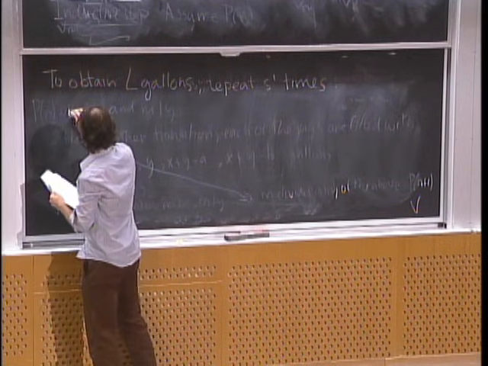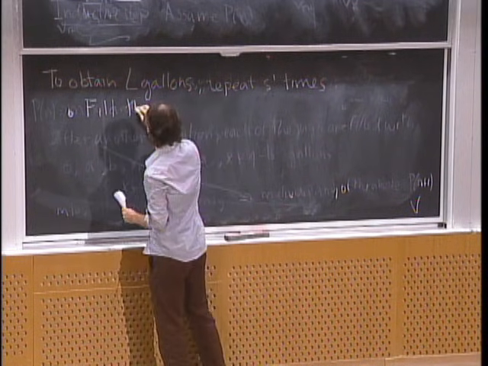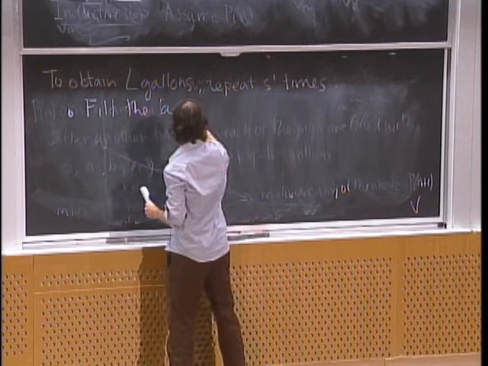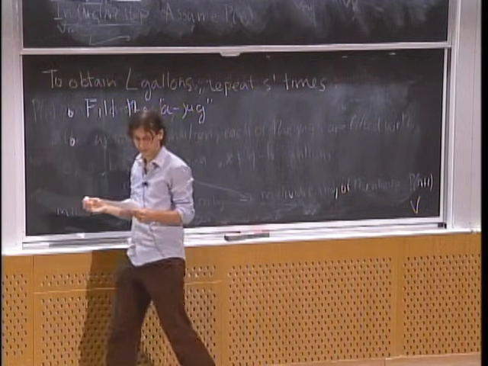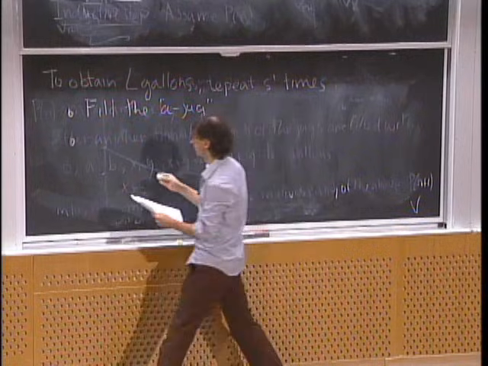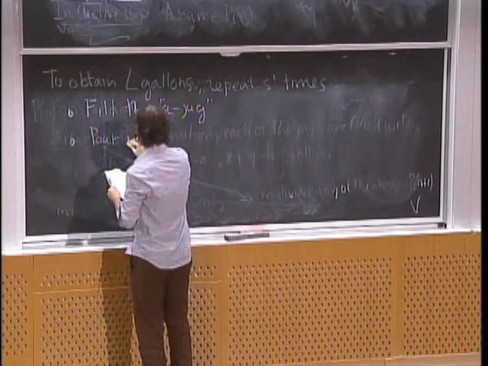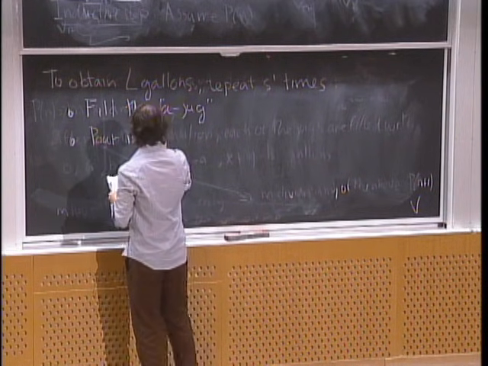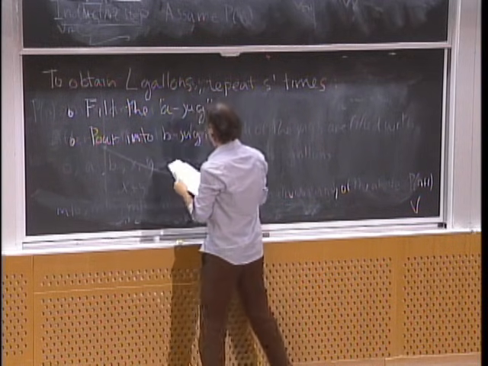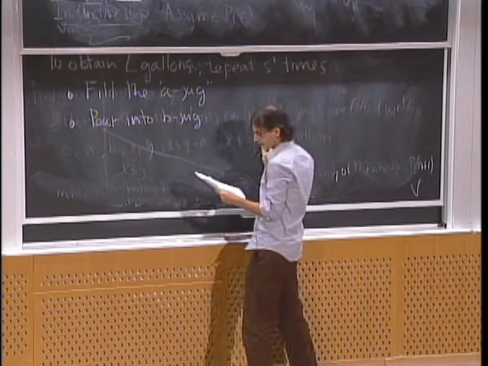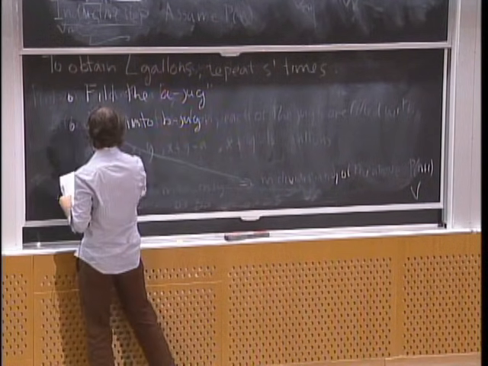algorithm. We first of all fill the A jug. That's one. After we have done this, we're going to pour this into the B jug. So how do we go ahead? We pour this into the B jug. And when this B jug becomes full, we're going to pour it out. So let's write it out.